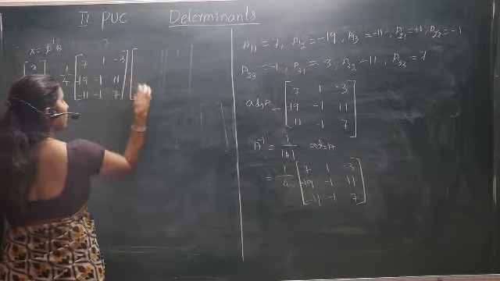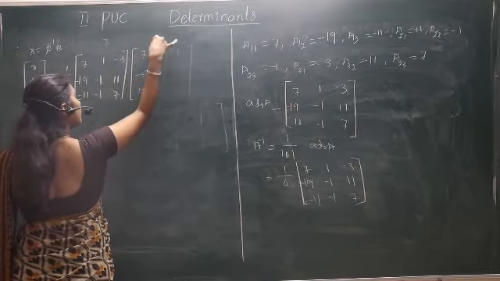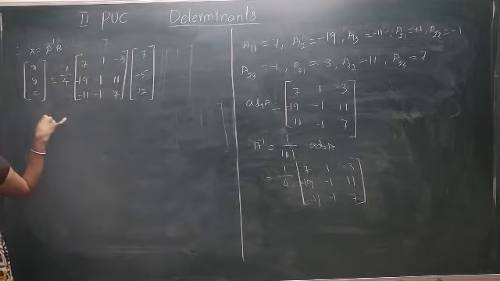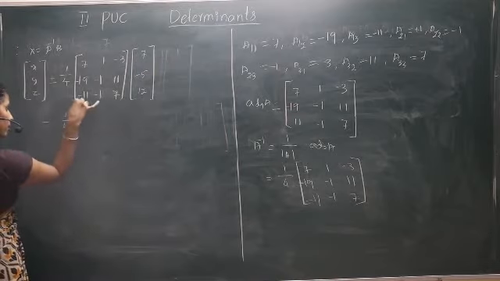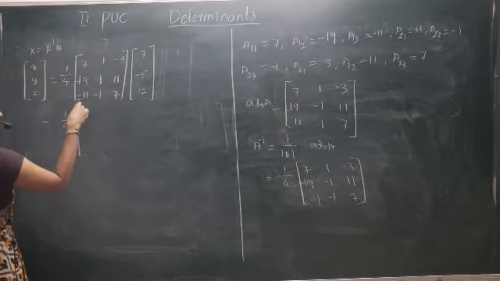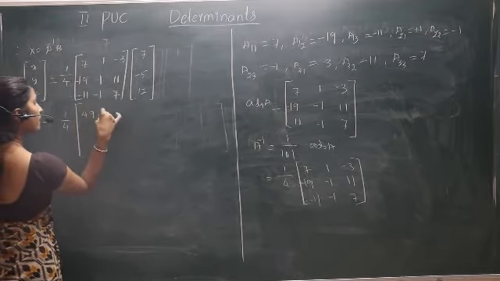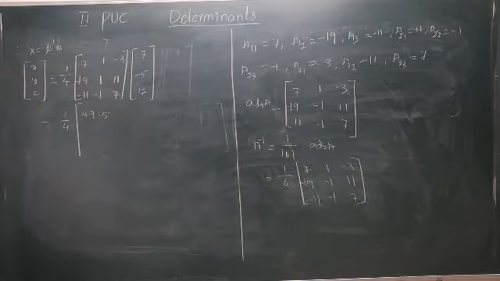So this will be equal to 1 by 4 into, first row, first column, 49 minus 5.